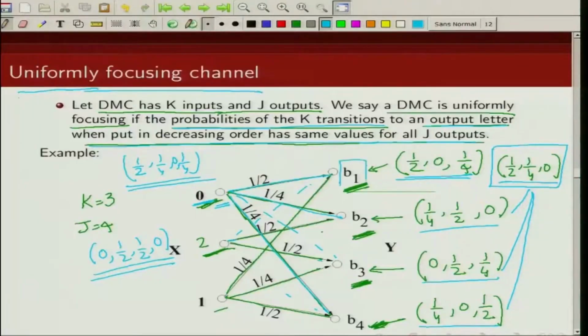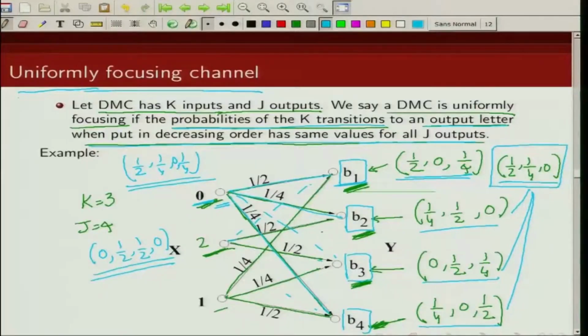In this example, whether my output is B1, B2, B3 or B4, the summation of probability of y given x is the same, whether I consider y to be B1, B2, B3 or B4.